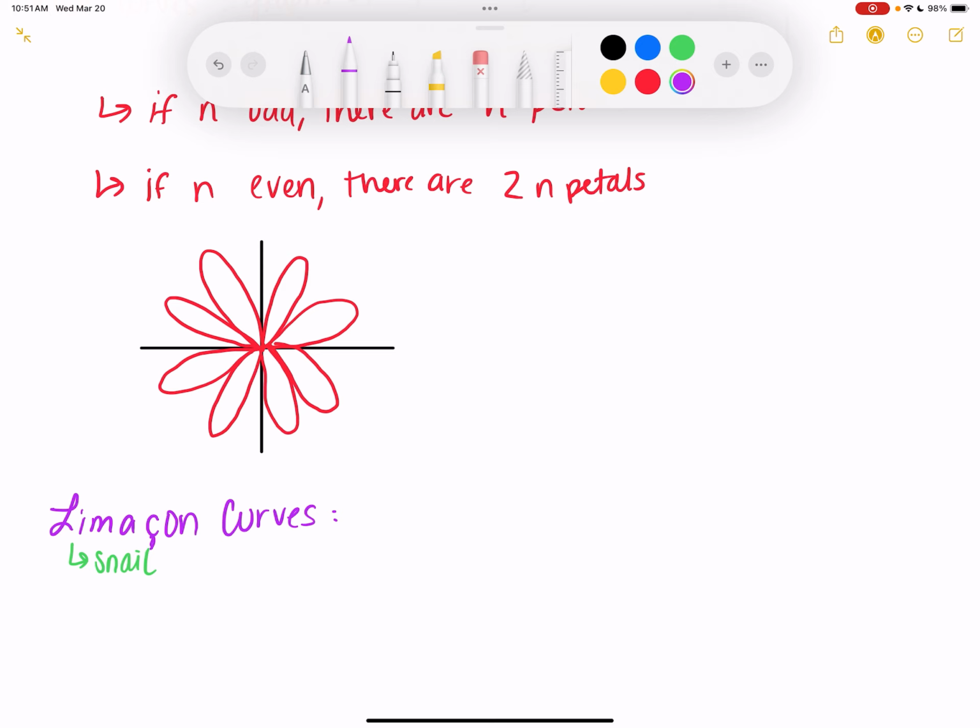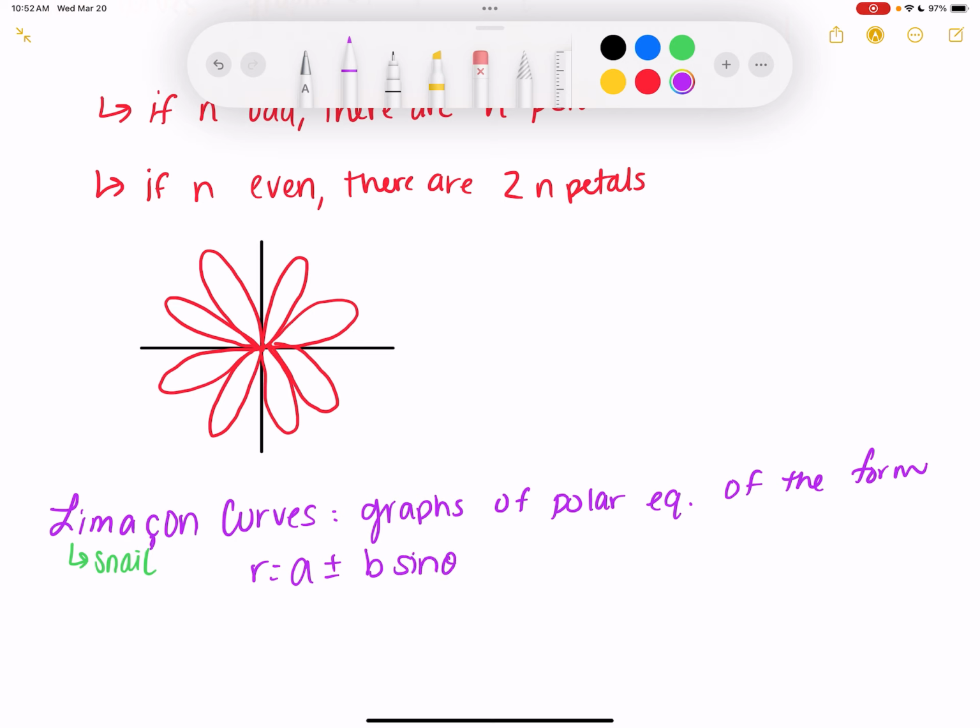This is graphs of polar equations of the form r equals a plus or minus b sine theta and r equals a plus or minus b cosine theta, where a is greater than 0 and b is greater than 0.